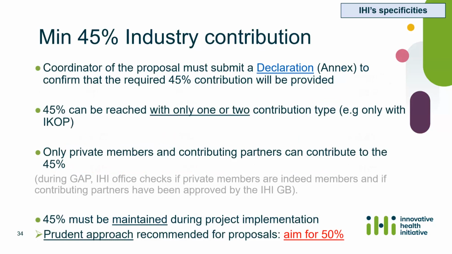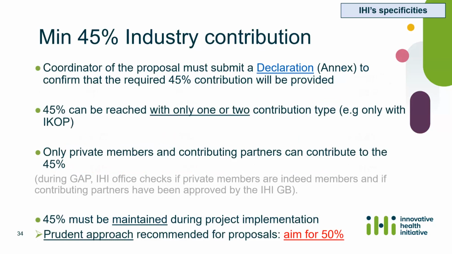And at the GAP stage, so in case your proposal is successful and you reach the grant agreement preparation phase, at that moment IHI will check actually if the private members are indeed members and if the contributing partners have been approved by the IHI governing board. Another important point is the fact that the 45% should actually be maintained during the whole project implementation.